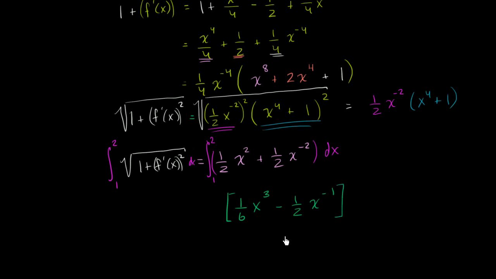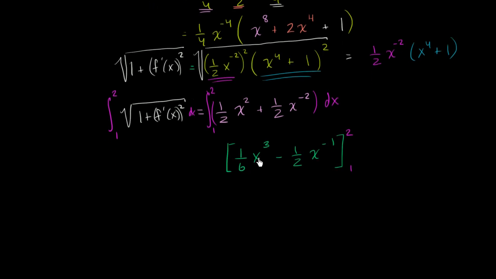And we're in the home stretch. We're going to evaluate it at 2 and at 1. When you evaluate it at 2, you get 2 to the third, which is 8/6, minus 1/2 times 1/2, so this is minus 1/4.